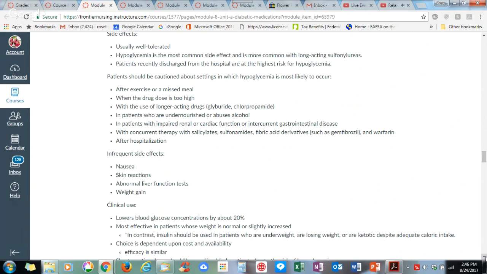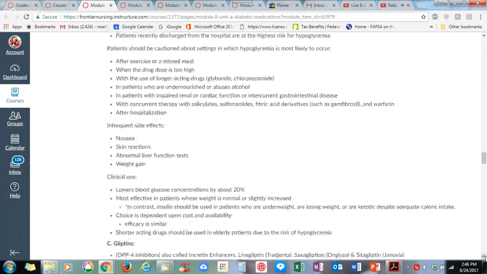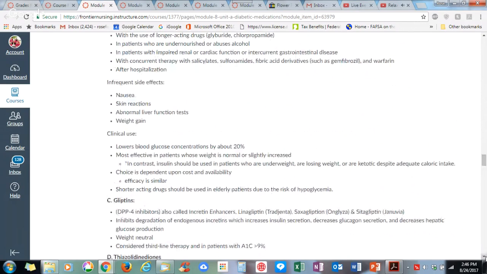Patients should be cautioned about settings in which hypoglycemia is most likely to occur: after exercise or a missed meal, when drug dose is too high, with the use of longer-acting drugs such as glyburide or chlorpropamide, in patients who are undernourished or abuse alcohol, in patients with impaired renal or cardiac function or intercurrent GI disease, with concurrent therapy with salicylates, sulfonamides, fibric acid derivatives such as gemfibrozil and warfarin, after hospitalization.